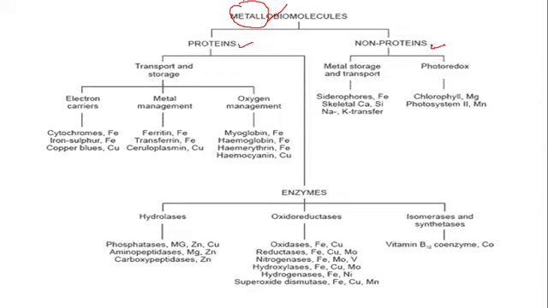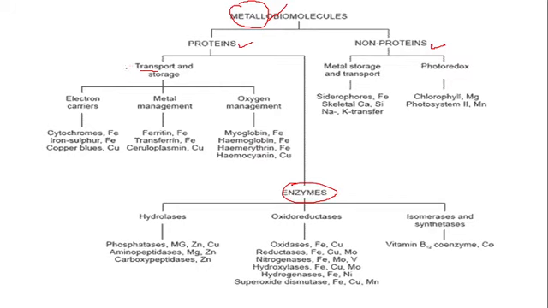Okay, so let's start. The metallobiomolecules are divided into two types. First, the protein. This protein is further divided into two types: the transport and storage of the protein, and the second one, the enzymes. First let me start with transport and storage.